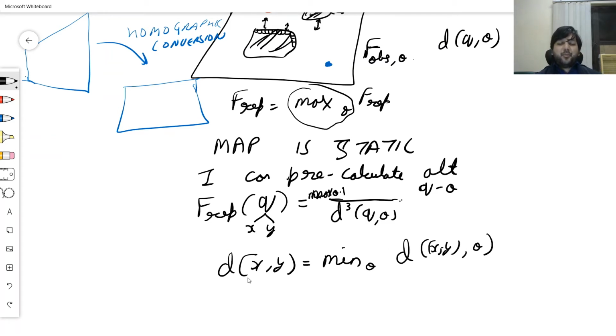So for every point, what is the nearest obstacle?